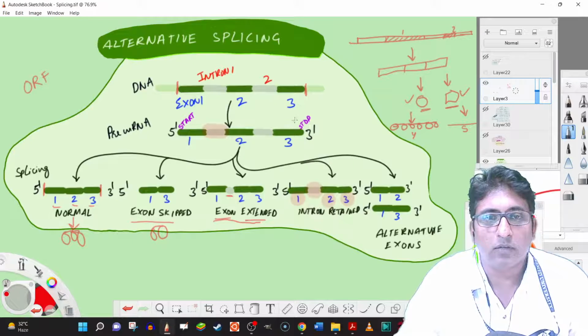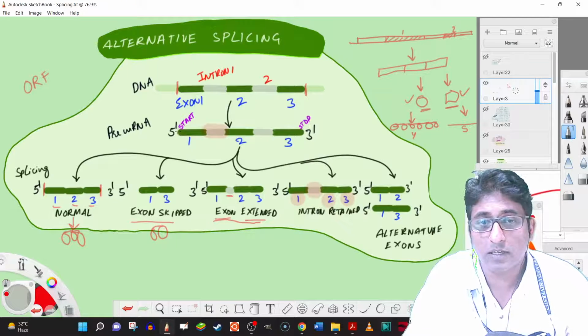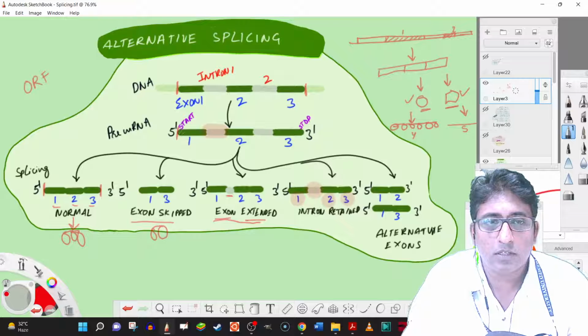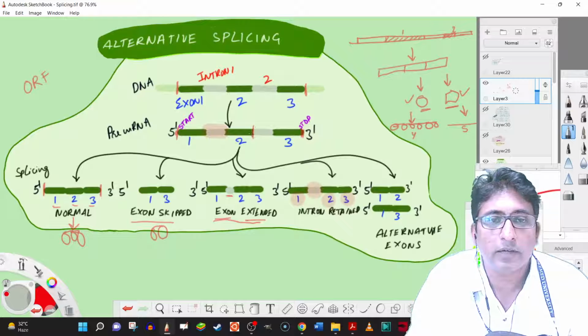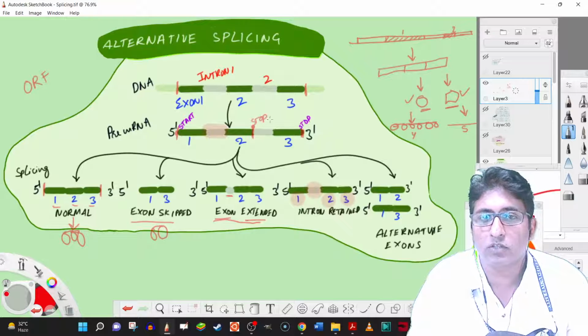And in the last one, until now we did discuss several types, and here we have a situation where this is the start codon, and I repeat, this is the stop codon. What if there is a stop codon here, right? There could be a stop codon there too.